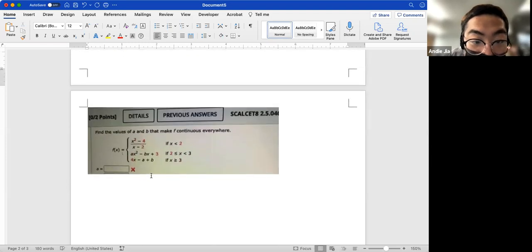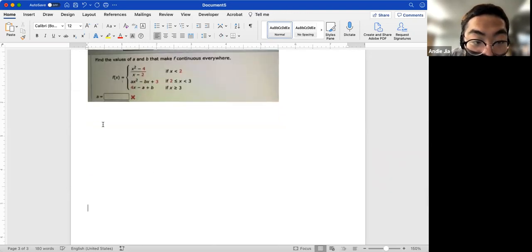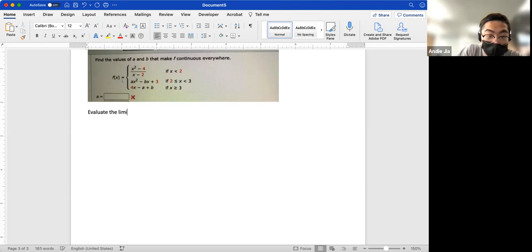This is the same thing. Evaluate the limit. First step, we need to simplify the left side limit at x equal to 2.